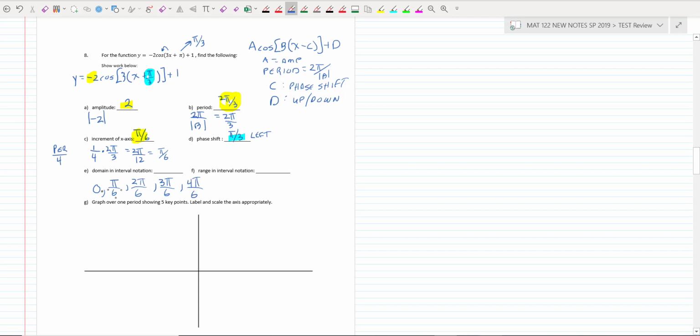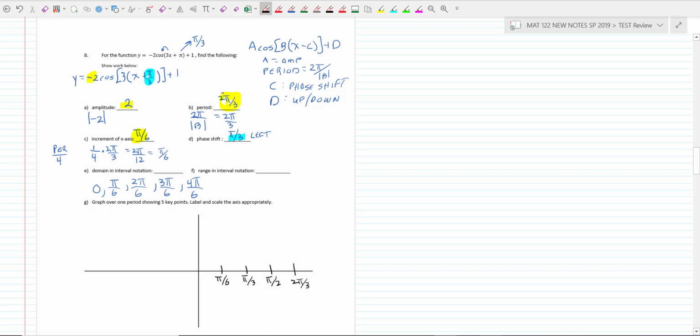And that gives you 5 key points right there. Now you want to reduce these fractions, of course. So you want to label all this. So we've got pi over 6, 2 pi over 6 is pi over 3, then 3 pi over 6 is pi over 2, and then 4 pi over 6 is 2 pi over 3.